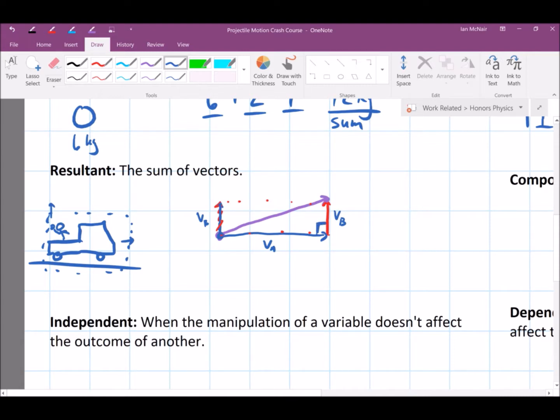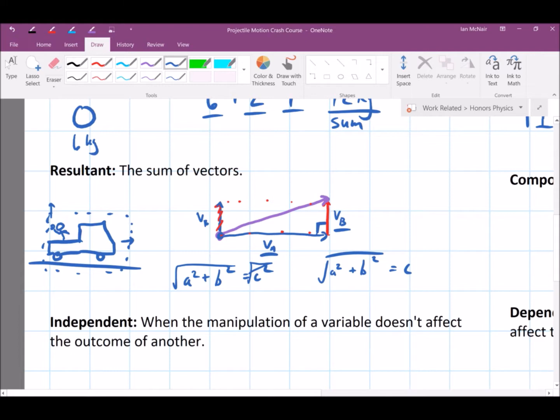So if we wanted to figure out this hypotenuse, you would just use the Pythagorean theorem, which in its simplest form is a squared plus b squared equals c squared, where a and b are the legs, which would be our vector A and vector B. To find c, we would take the square root of both sides, and we would get the square root of a squared plus b squared is equal to c.